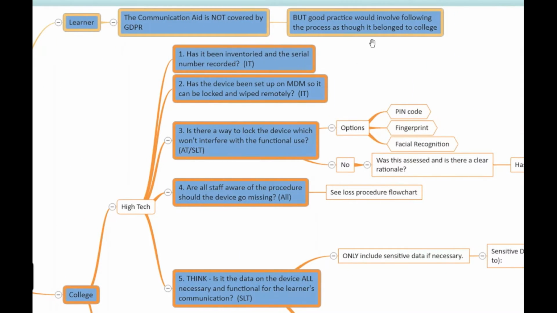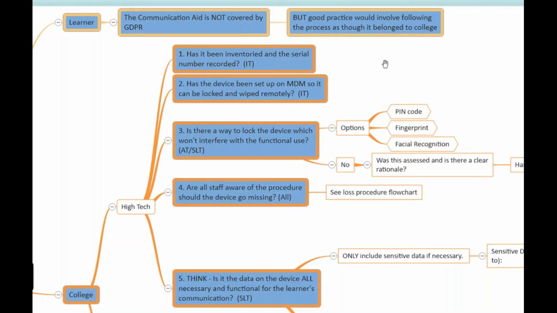But what we say is that good practice would involve following the process as set out below, as though it did belong to the college. Because bringing us back to that earlier point about respect for someone else's data, we need to make sure that we're doing the right thing by the individual.